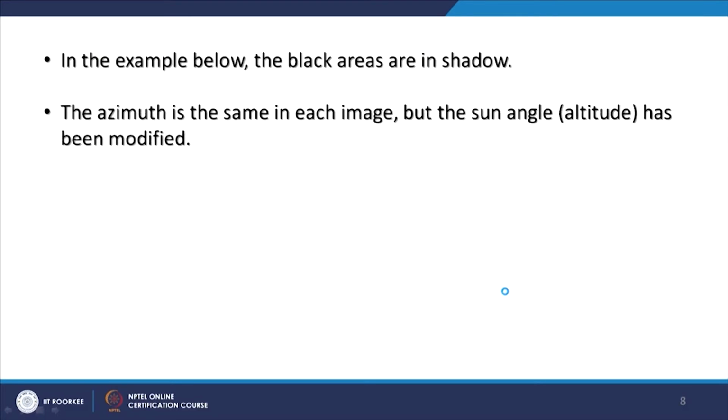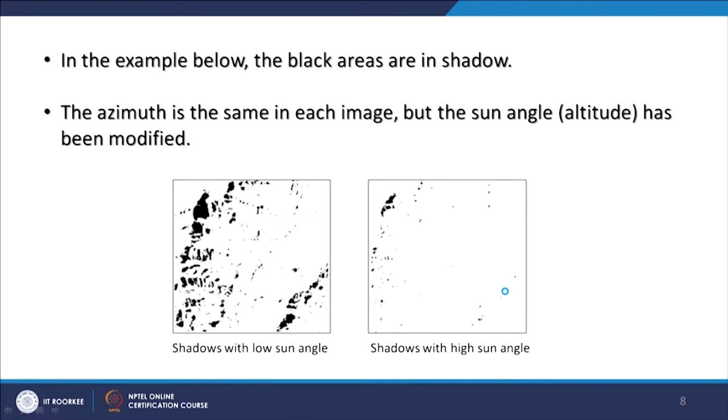Now, in the example which we are going to cover, as I have already said, if the sun is in the opposite quadrant, then the other areas will be completely in shadow. The azimuth is the same in these two images, but the altitude or elevation has been changed.